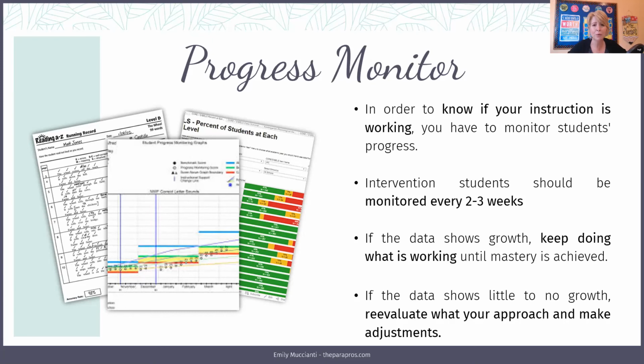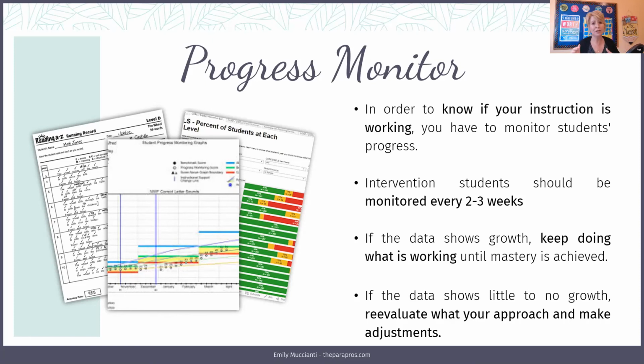The kids that we work with are already behind. We don't have time to just kind of willy-nilly apply instruction and hope that it works. So we need to hold ourselves accountable to track our students' progress.